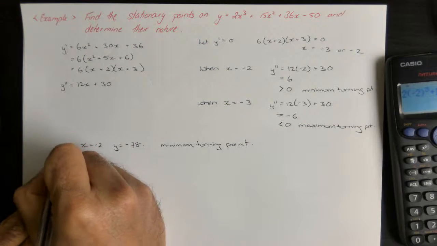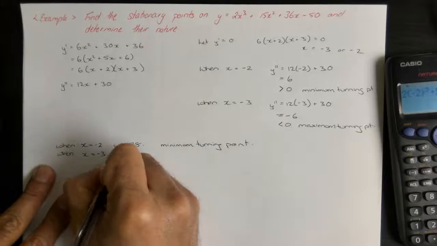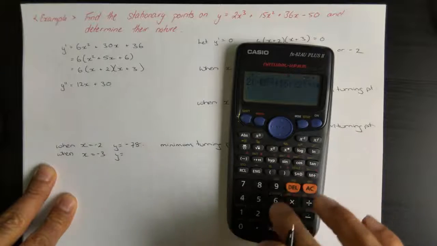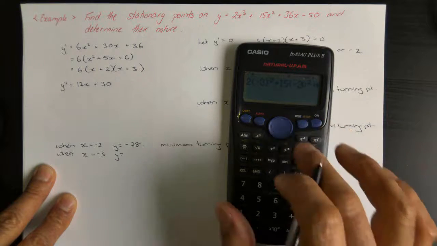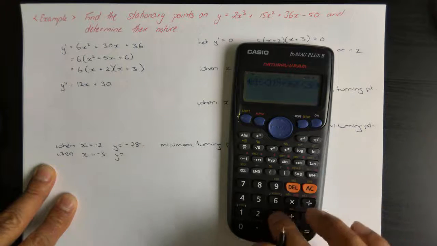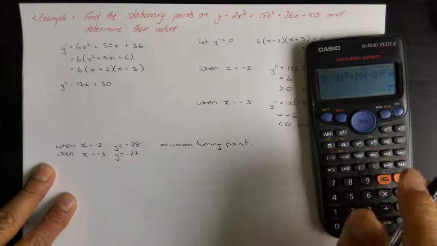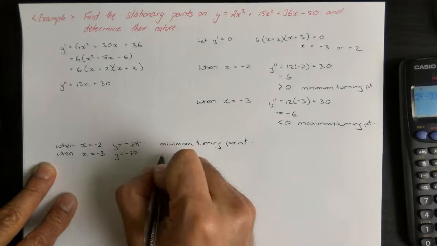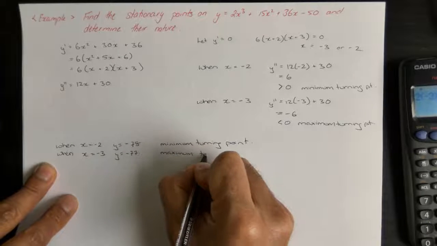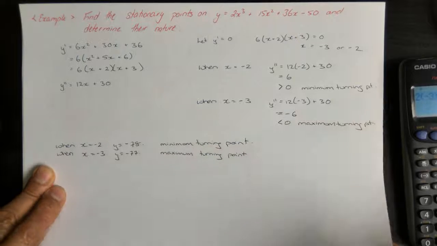And so when x equals -3, plugging it back into the original function, we get a maximum turning point. Okay.